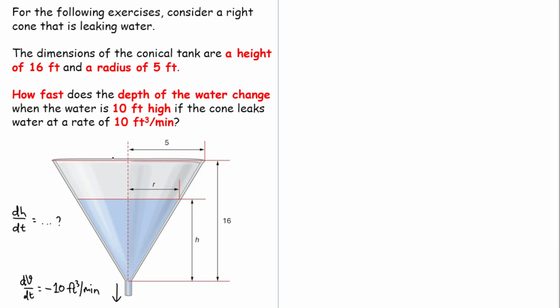The water and the cone form two similar triangles, right? So we can use that principle. Similar triangles. The water is the smaller triangle and the cone is the larger triangle.